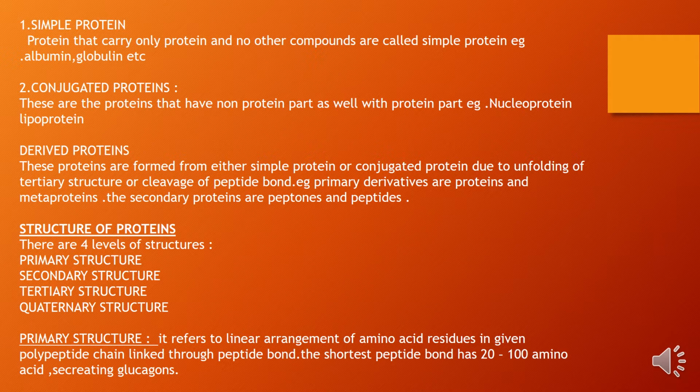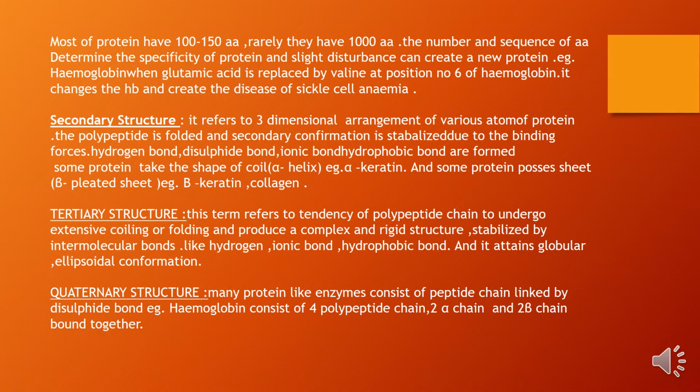Structure of proteins. There are four levels of structure: primary, secondary, tertiary and quaternary. Primary structure refers to the linear arrangement of amino acid residues in a given polypeptide chain linked through peptide bonds. The shortest peptide has 20 to 100 amino acids. Most proteins have 100 to 150 amino acids, and rarely they have 1000 amino acids.